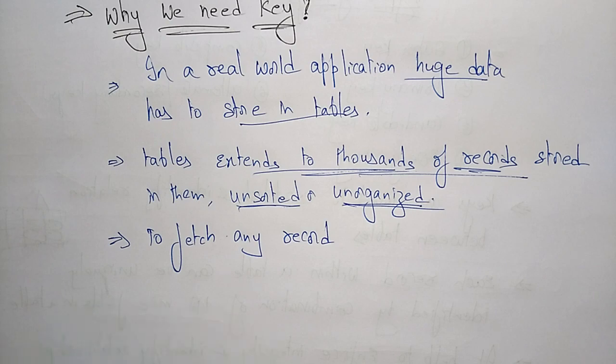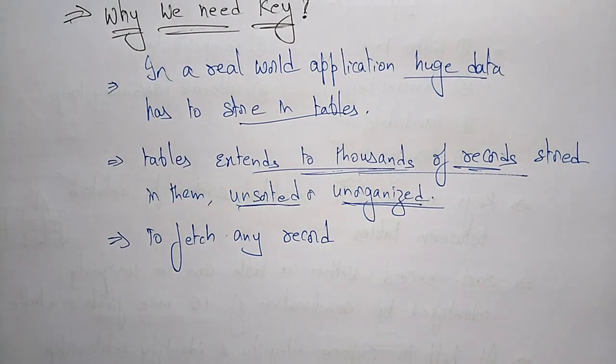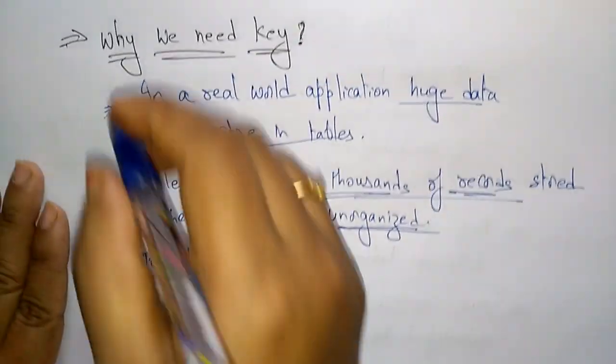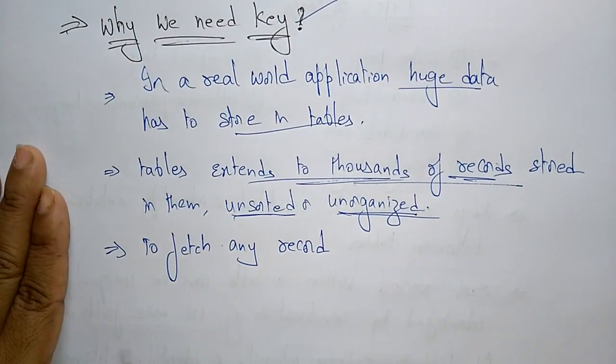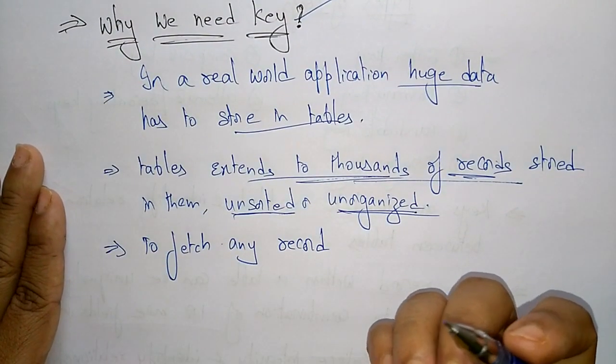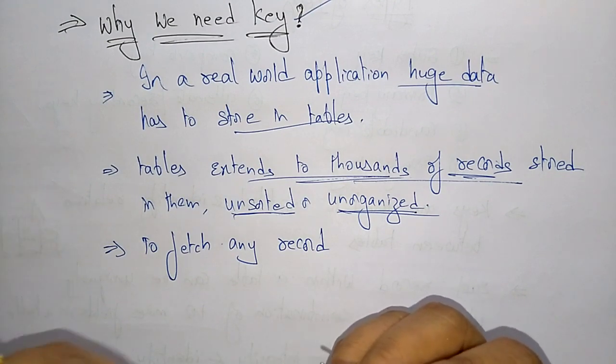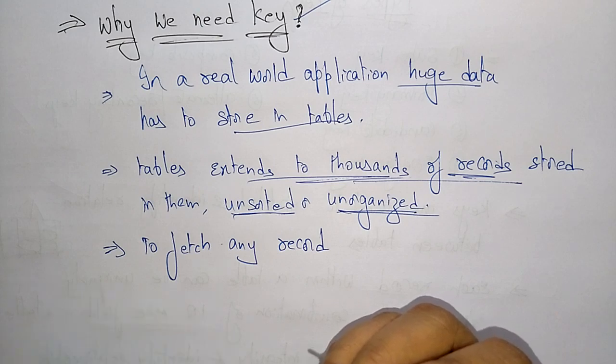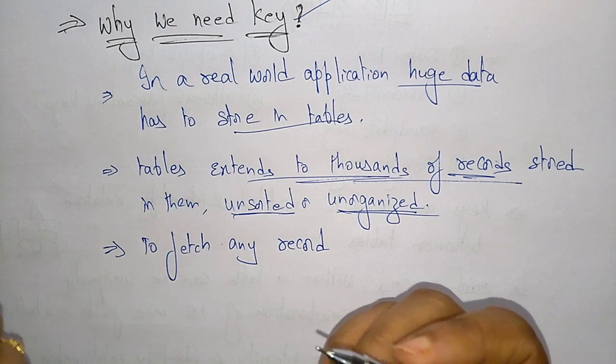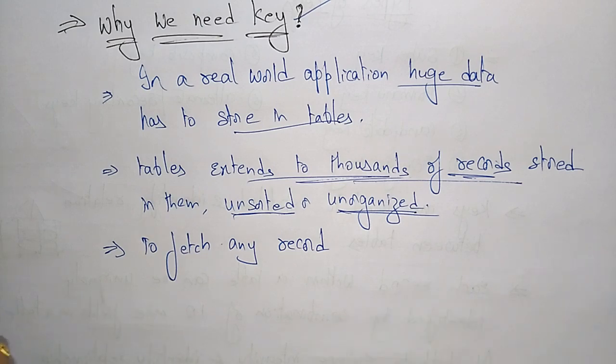Even though a condition is satisfied, you may get duplicate data every time you fetch.